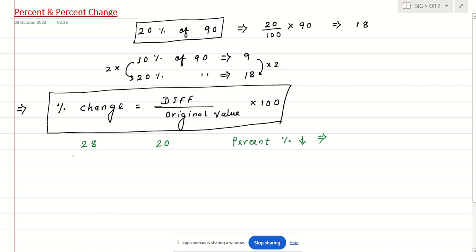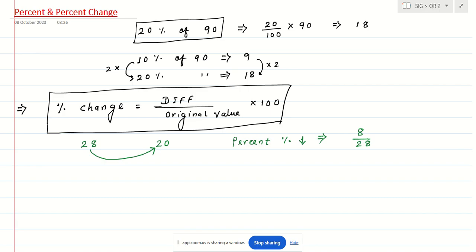Decrement is from here to here, correct? So how much is the difference here? Difference is 8. And what is the original value? 28, because decrement must happen from the greater value to the lower value.